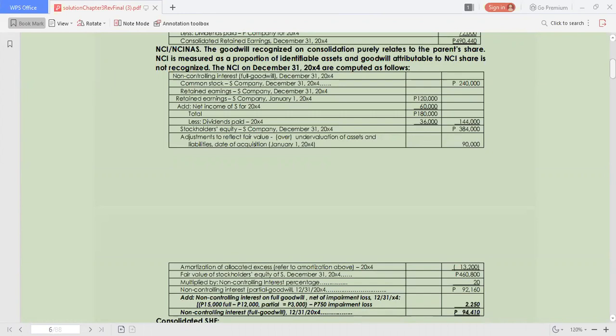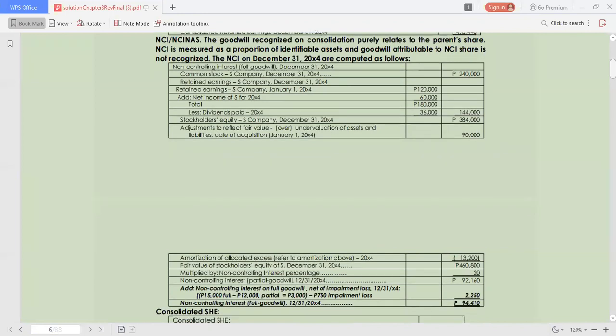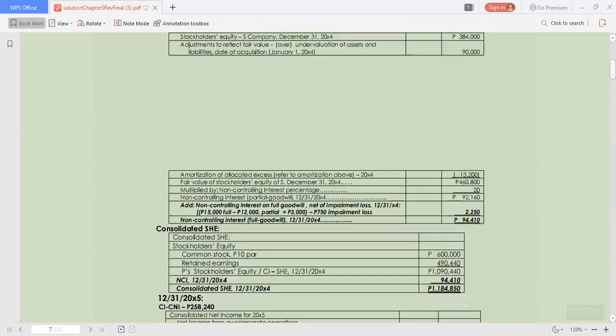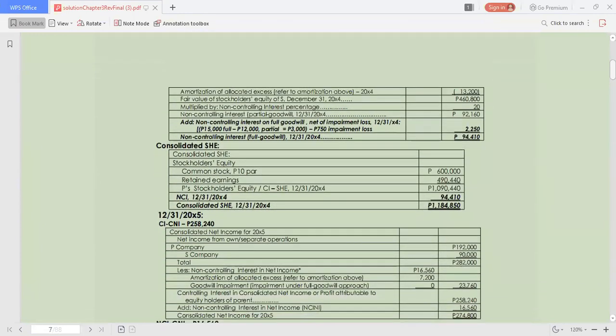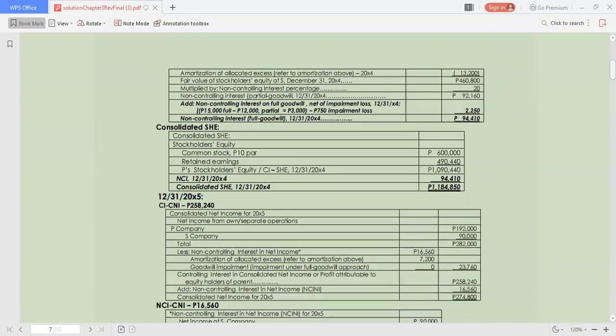There is a difference of 2,250. The non-controlling interest on full goodwill net of impairment loss. Now, 2,250. So the non-controlling interest full goodwill is 94,410. For the consolidated stockholders equity of 1,184,800.